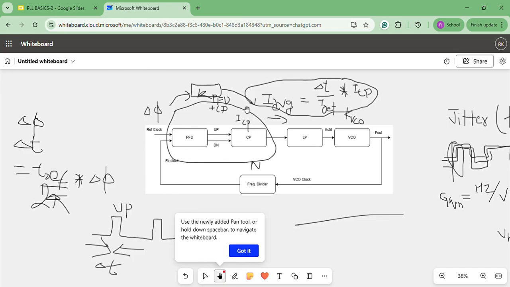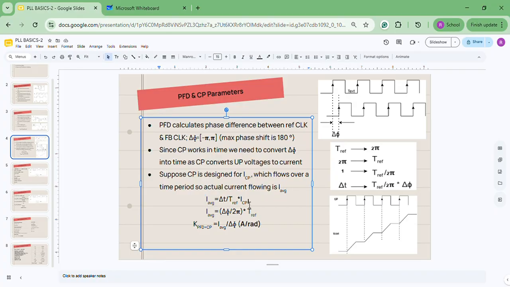Since our charge pump is designed for ICP, and we want the actual current flowing out of the charge pump to the low pass filter, that is delta T by T reference into ICP. So we now got I average. Now we want to calculate I average by delta phi to get the gain of PFD plus charge pump.